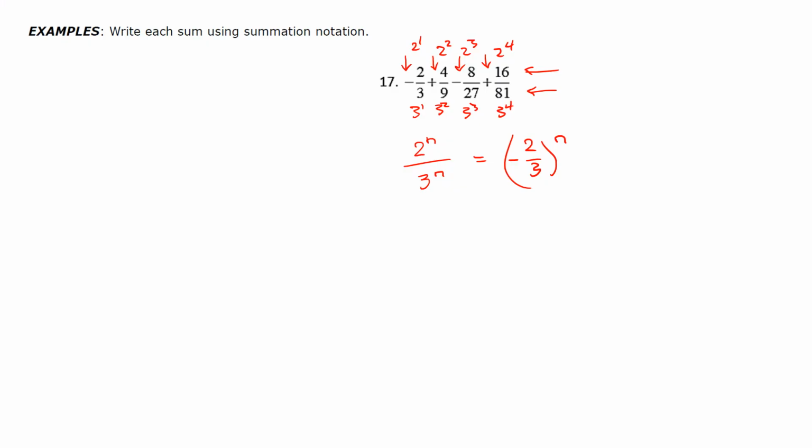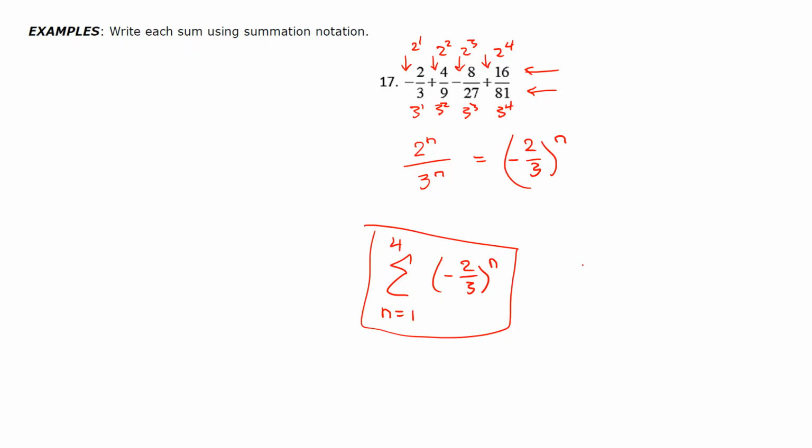So if I have a power that's odd, my answer will be negative. If I have a power that's even, my answer will be positive. So that works. I will have my expression -2/3 to the power n, where n starts at 1 and we go all the way to 4.